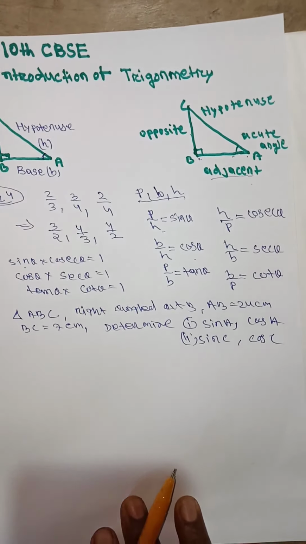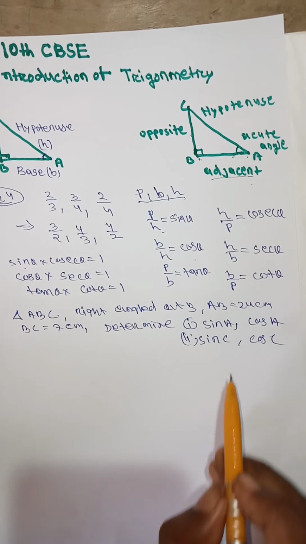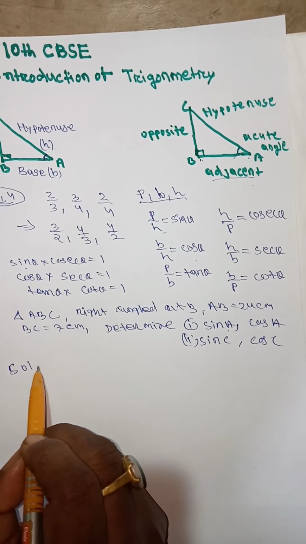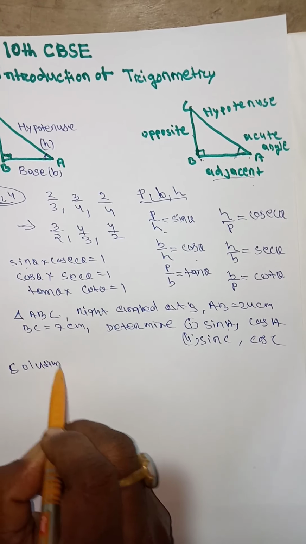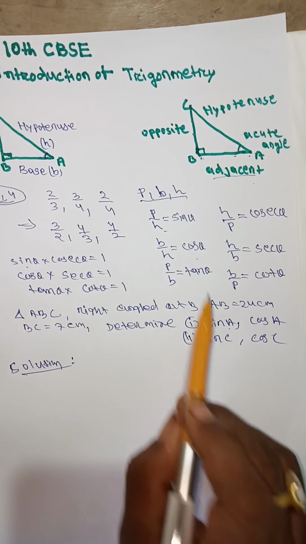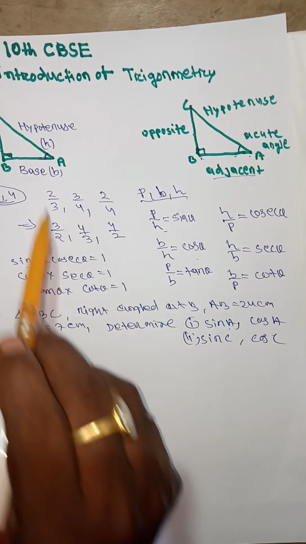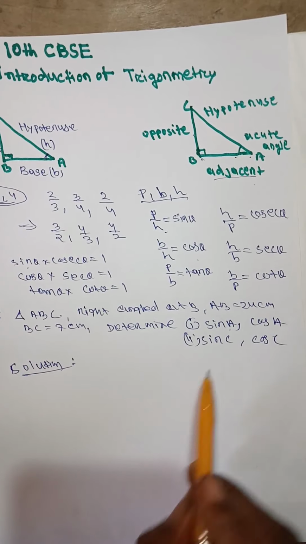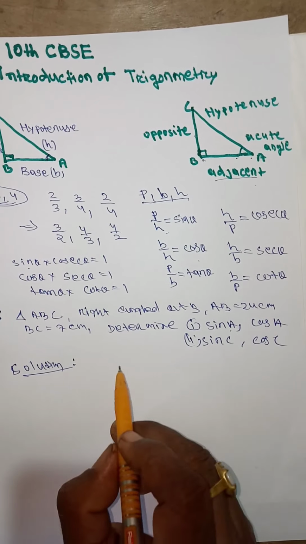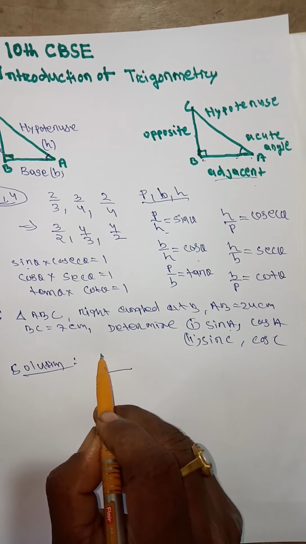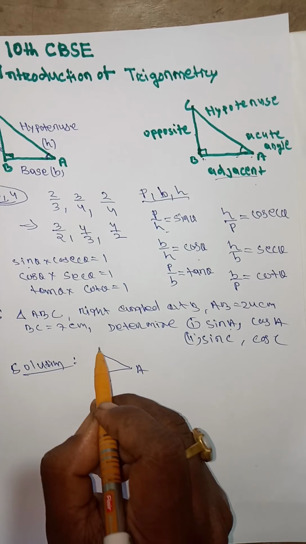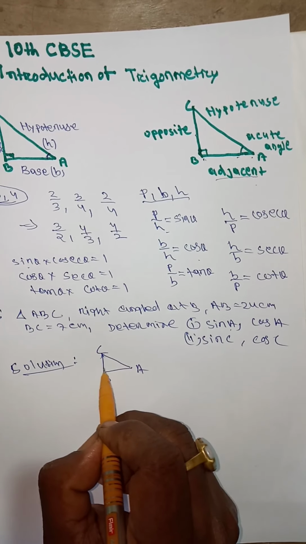In this triangle, sin A, first solution. You have to find sin A. Sin A means P by H. In the right triangle ABC, B is the right angle.